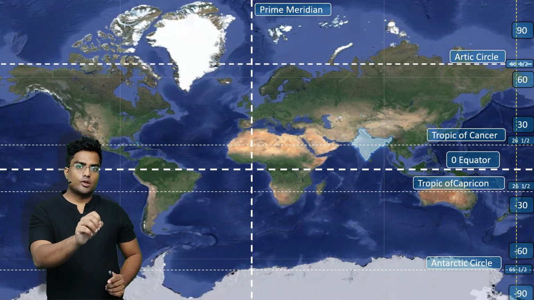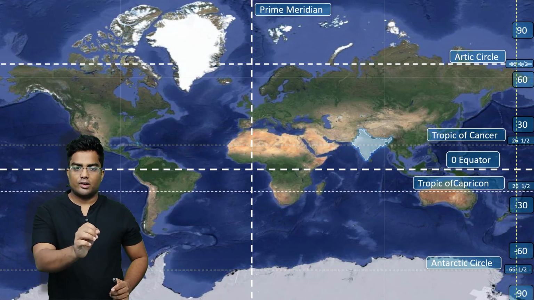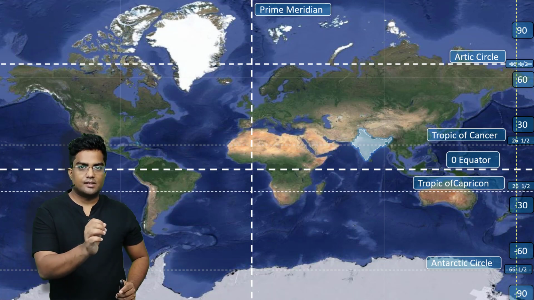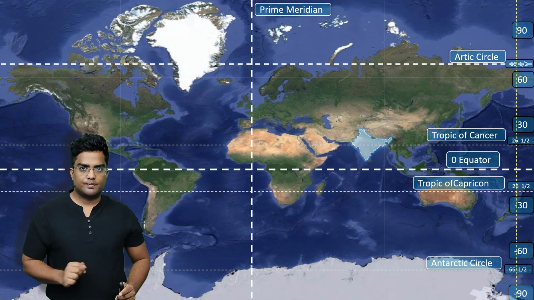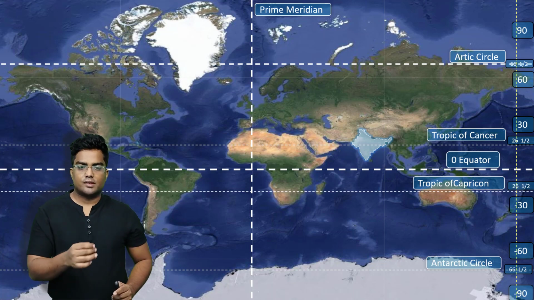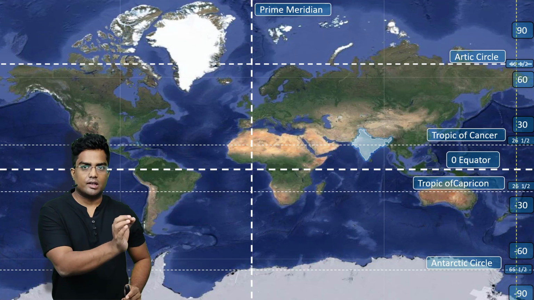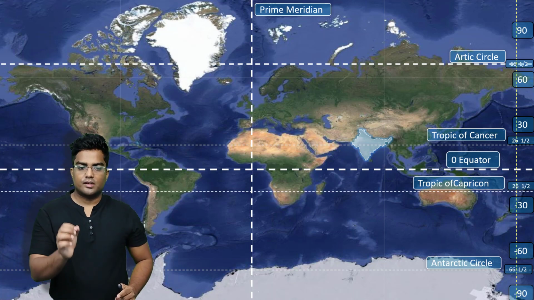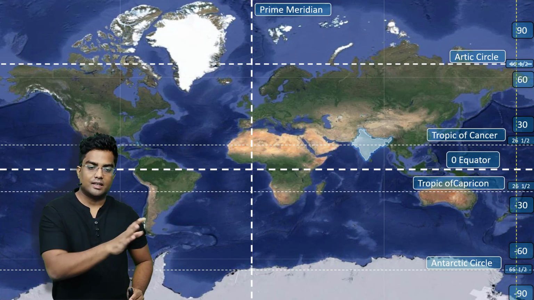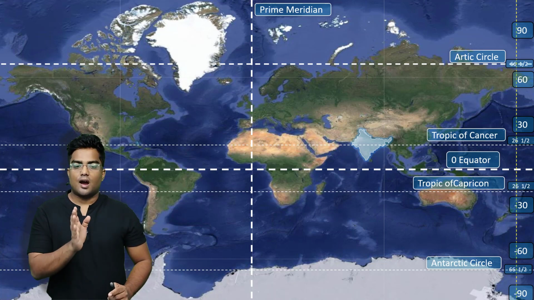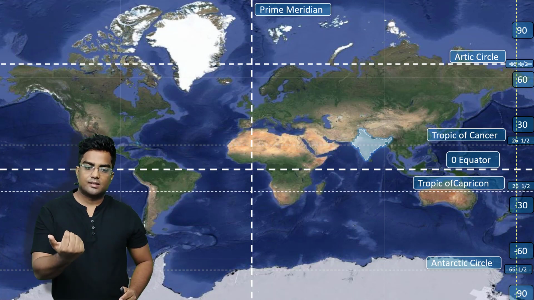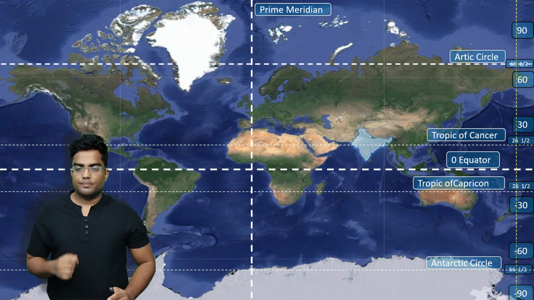Now, for instance, if you look at the Arctic Circle, the coordinates are specifically mentioned as 66 degrees and some minutes. The Tropic of Cancer is 26 degrees and some minutes. The equator is definitely 0 degrees. The Tropic of Capricorn is minus 26 degrees and some minutes. The Antarctic Circle is minus 66 degrees and some minutes.